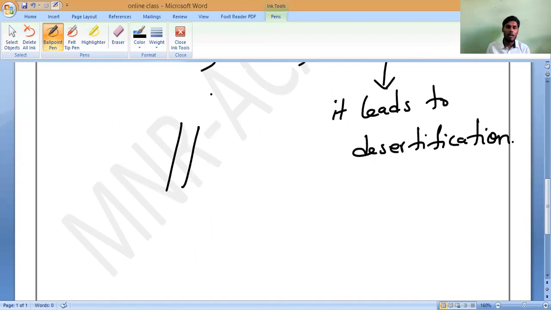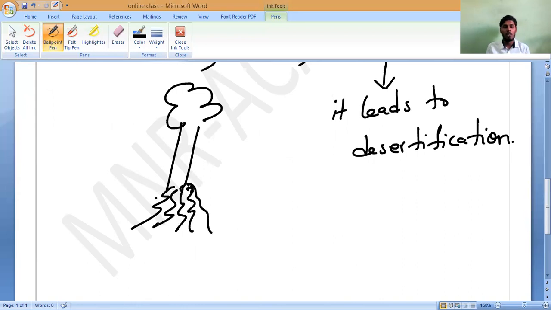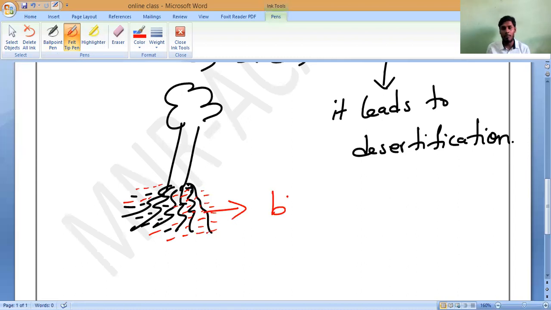Whatever roots are present inside the soil, the soil particles, small stones, which are useful for fertile land and very good for growing plants, are all bound together by these roots with the help of the plant. Yes or no?